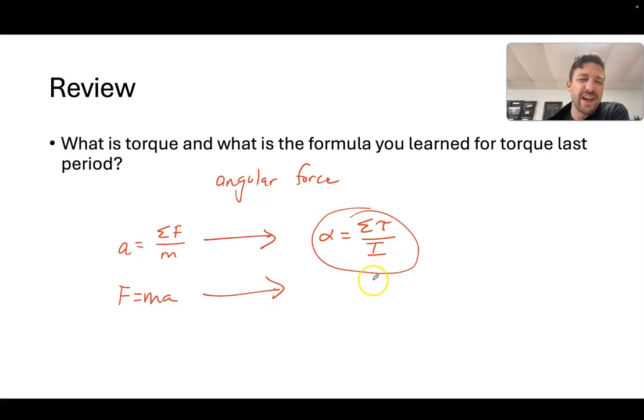But what I think you should know and be able to remember fairly quickly is if they talk about torque, just like how if they talk about force, you should just be like, oh, force is equal to ma. Torque is equal to, not ma, but angular mass, which is moment of inertia, and angular acceleration, which is alpha, right?